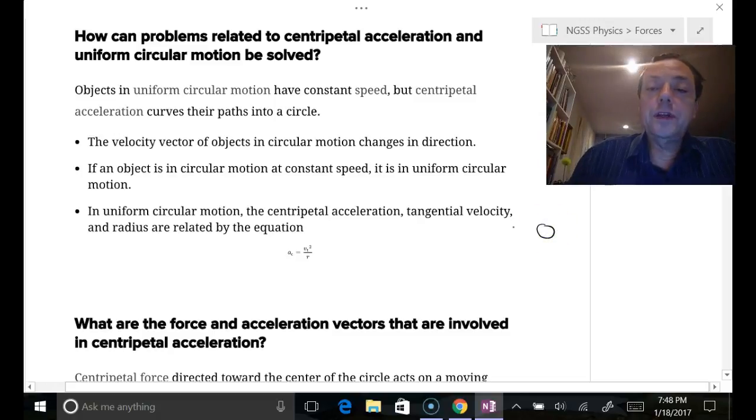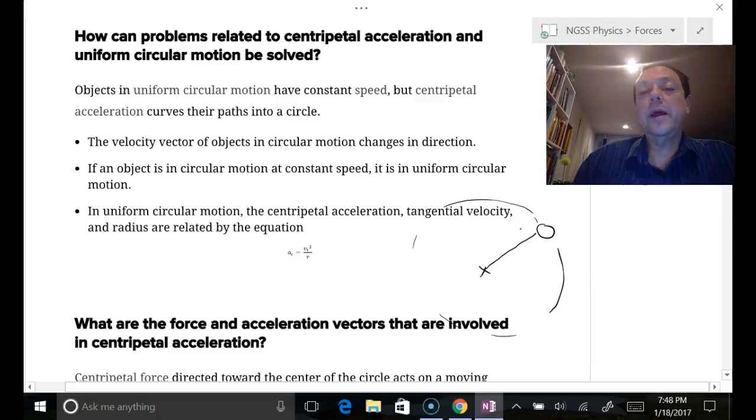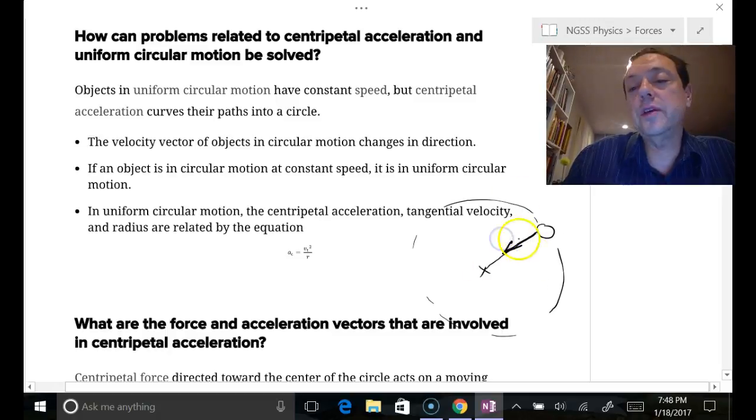If I have an object and it rotates about some center, let's say it's attached to a string and at the center is my hand and it's whipping it around into a circular path over my head. Right, I'm looking down at this object traveling in a circle. What centripetal means is center seeking. So the force and the acceleration both go to the center.